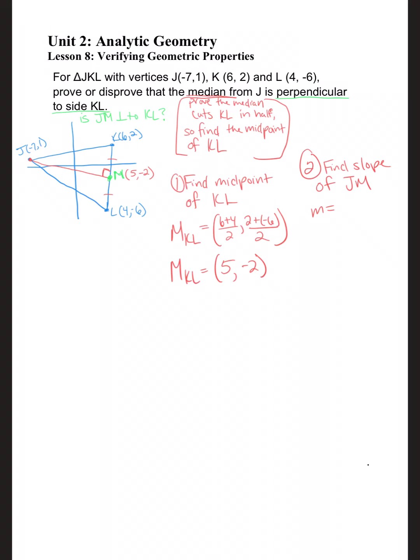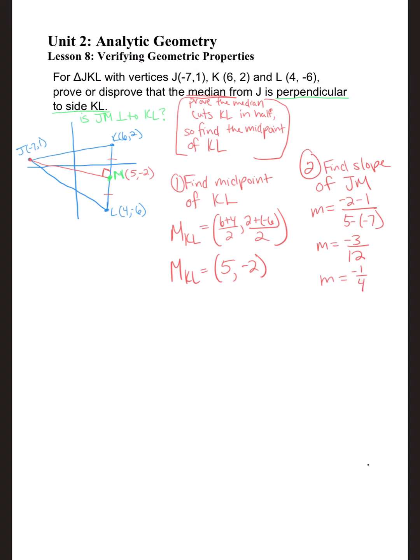So my y values, we have -2 minus 1, and my x values for J and M, we have 5 minus a negative 7. Okay, so negative 2 minus 1 is a negative 3. And 5 minus a minus is going to change that to a plus. So it'll be 12. And then we can reduce that to a negative 1/4.